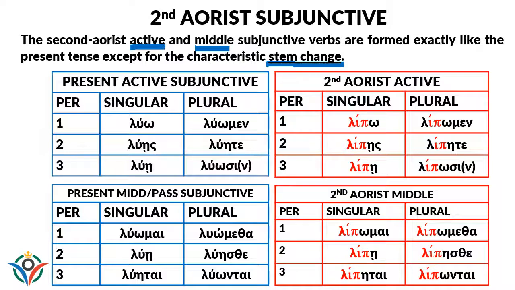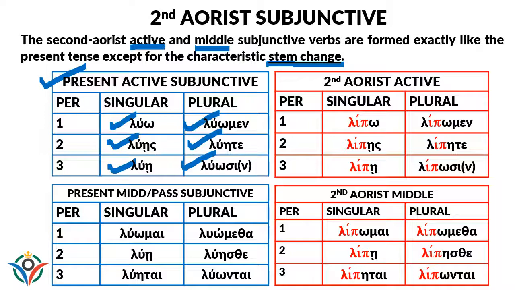So take a look here. Here we have the present active subjunctive. So we're working with the stem lu, because lu is regular and doesn't change. So we have luo, luais, luai, luomen, luete, and luosin.